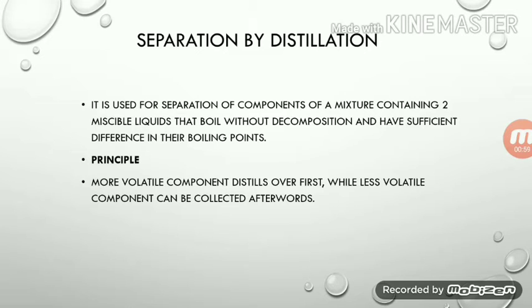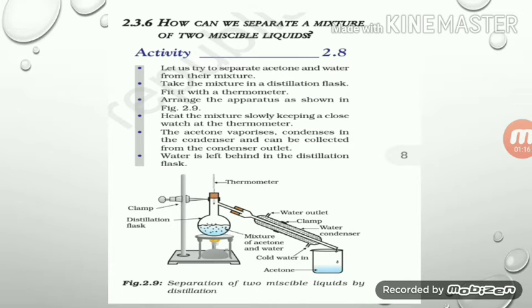So from this technique we can easily separate a mixture containing two miscible liquids by distillation, and distillation is carried out with the help of this setup. You have seen this picture.